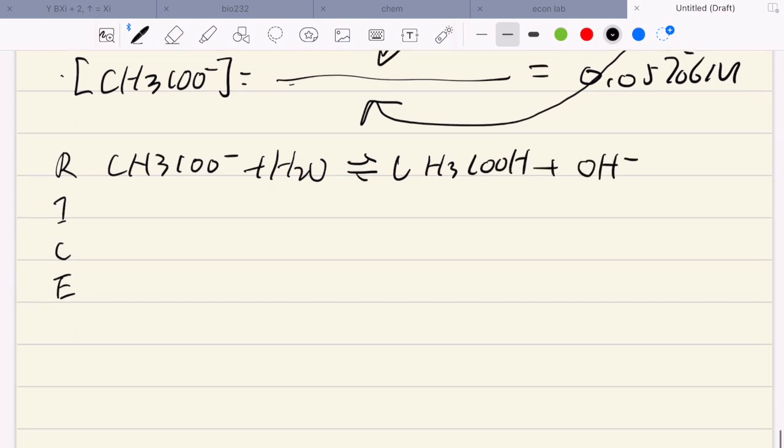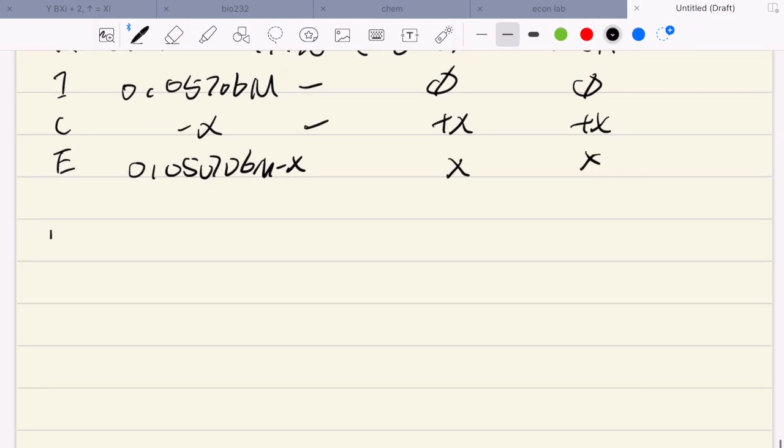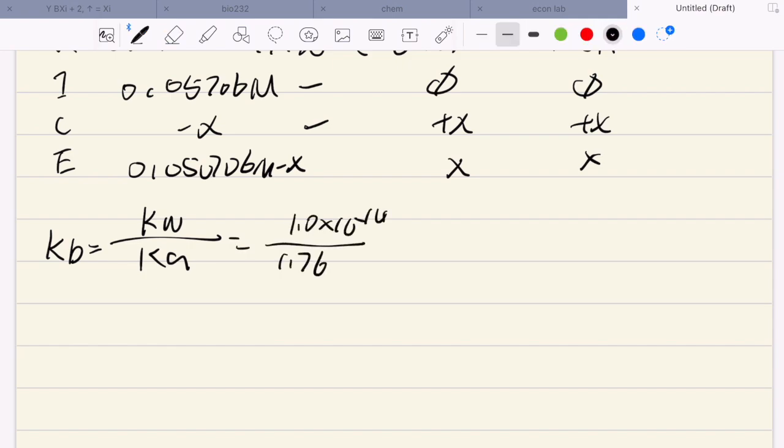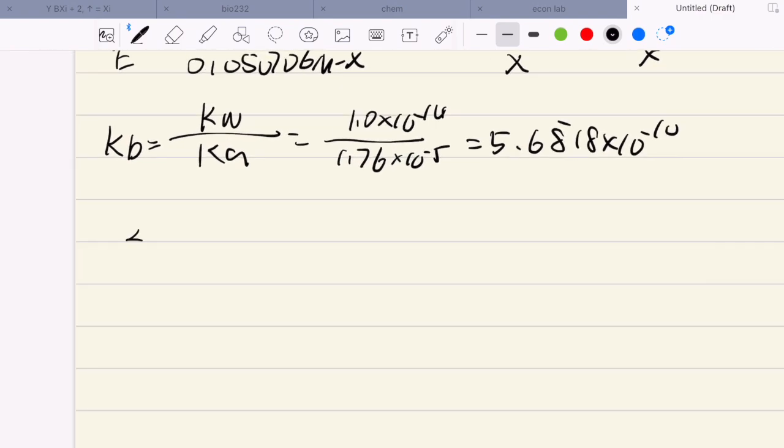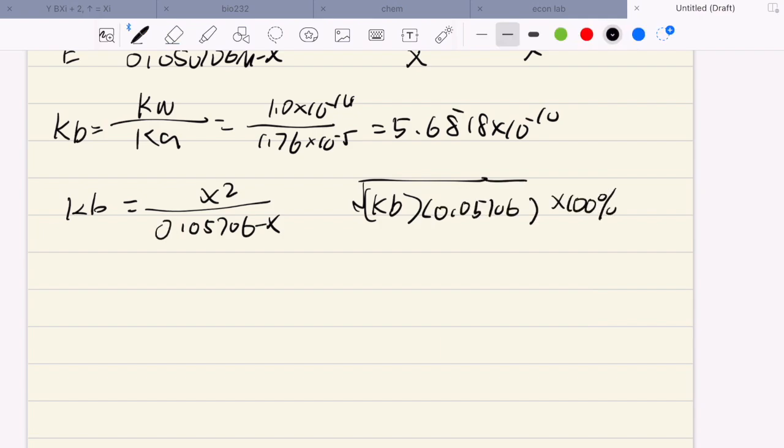So we plug in our numbers and get the Kb by using this formula, because we are only given Ka. So it's necessary to calculate that, and we also set up our formula, and we need to check whether we can use our math shortcut. So we check that it is less than 5%, so we can use our math shortcut to ignore the x, which means x is small.